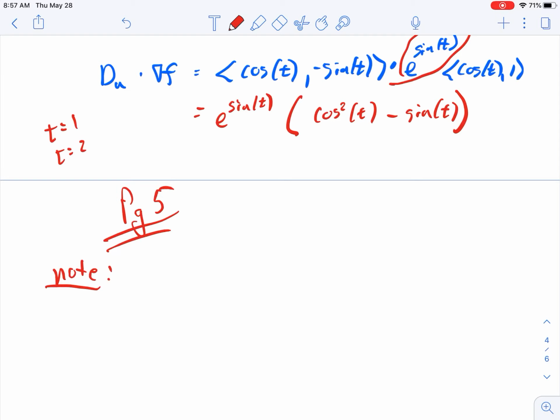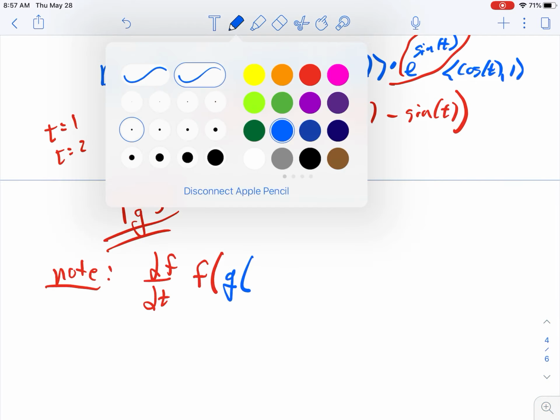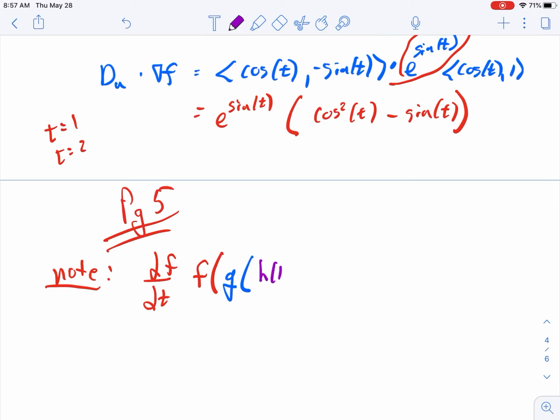But on the bottom of this, I made a little note. So is it possible to have more than just a function and one vector? Can I have a function and two vectors? Yes. So it is possible. So for example, del f, del t. So if I do the derivative of a function, can I have something like g of h of t? Yes.